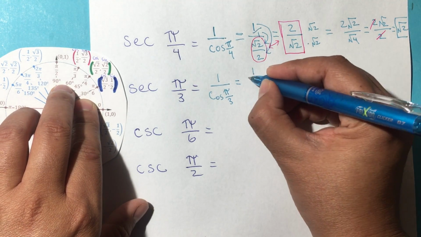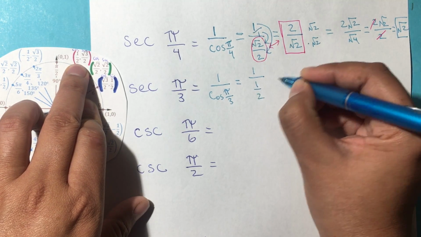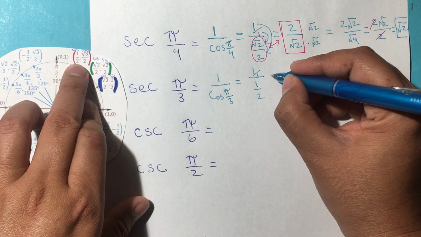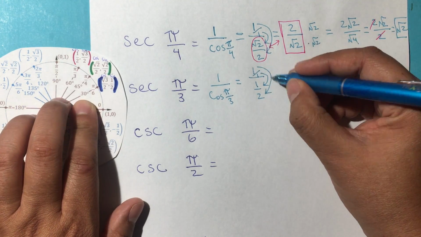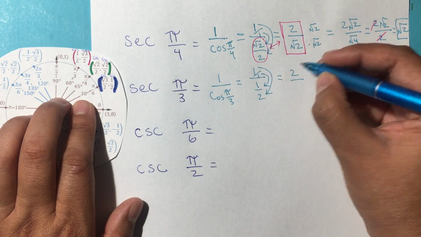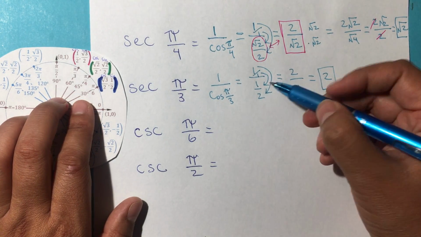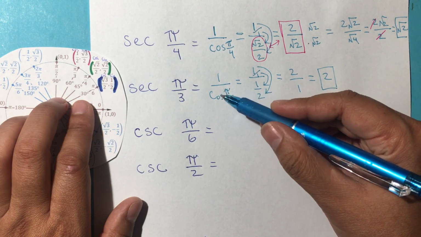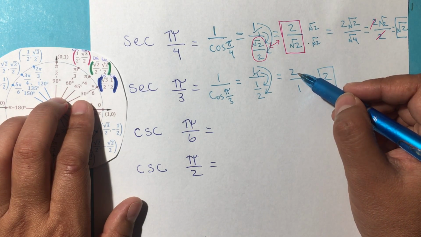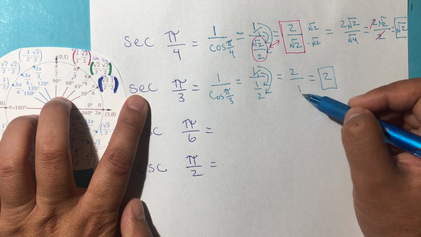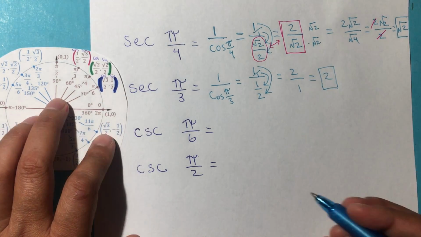And so 1 over cosine will be 1/2. We put this over 1, multiply the outer and the inner. 1 times 2 is 2. 1 times 1 is 1, which is equal to 2. Again, 1/2, which is the cosine of that angle, is the reciprocal of the secant, which is 2 over 1, but simplified, okay? They're reciprocal of each other.